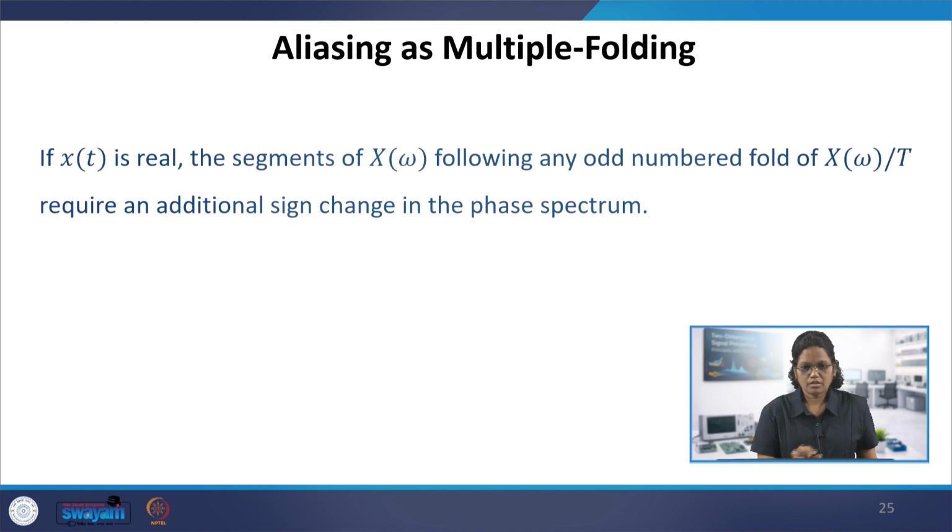Aliasing can be thought of as a multiple folding case. So not only the magnitude, but the phase also needs to be known in this case. If x of t is a real signal whose spectrum is X of omega, the folding occurs with respect to Fs by 2, and the phase change in the spectrum needs to be known.